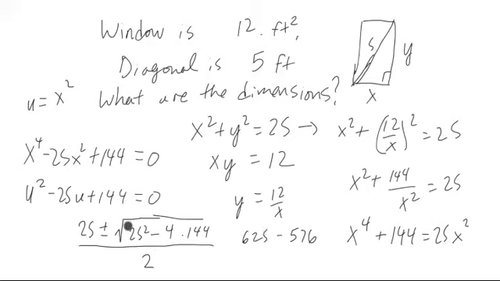That's nice. The square root of 49 is 7. So we get our solutions as 25 plus or minus 7, all over 2.